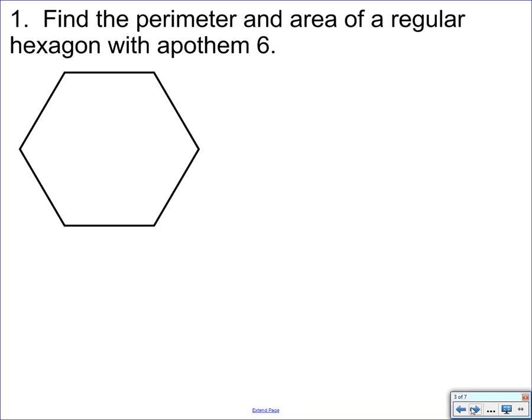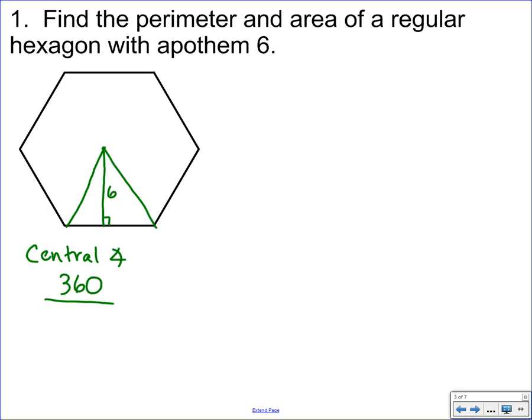Okay, find the perimeter and area of a regular hexagon with an apothem of 6. I always like to draw in what we're given, so that's 6. To find the central angle, that's 360 divided by the number of sides I have, which is 6. Well, that's going to be 60 degrees.